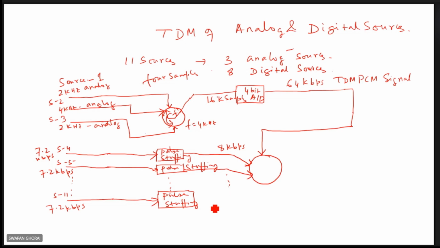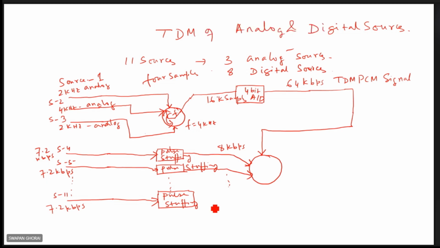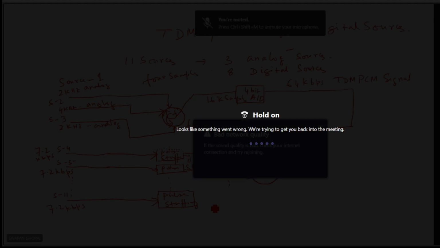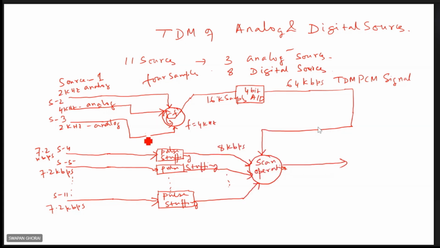Total 8 sources having 7.2 kbps, and here 3 analog sources.